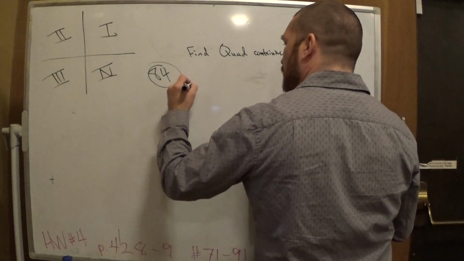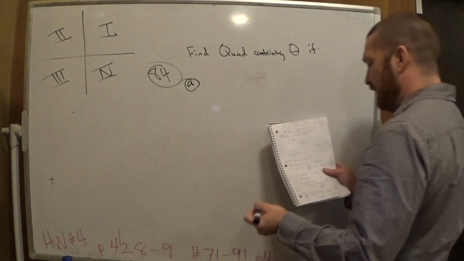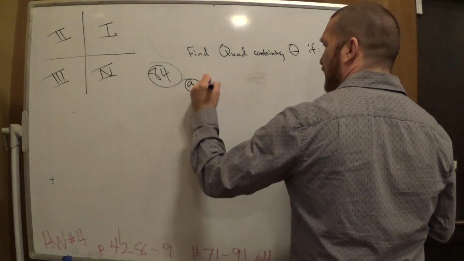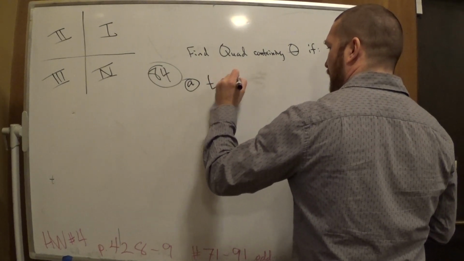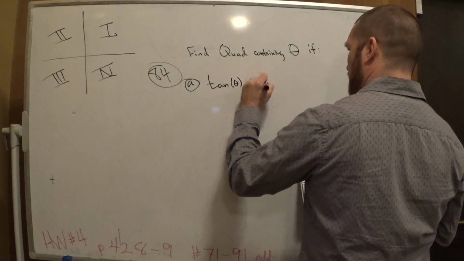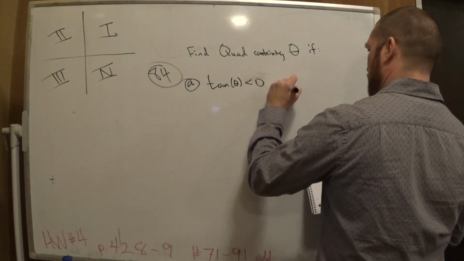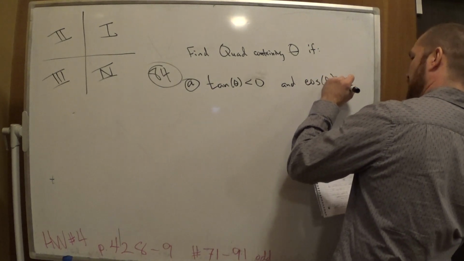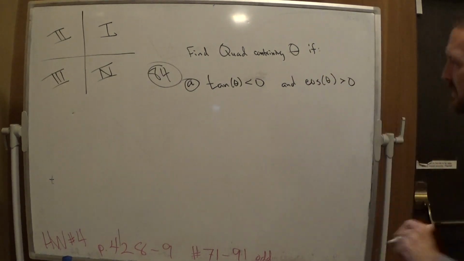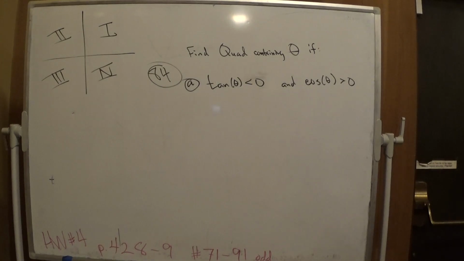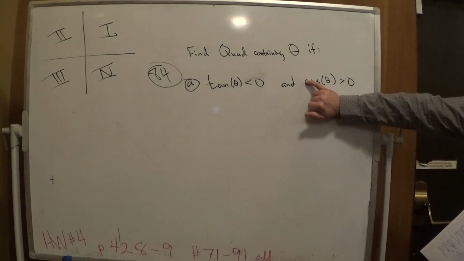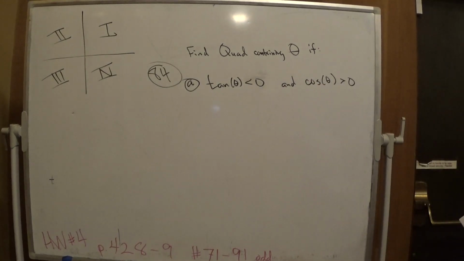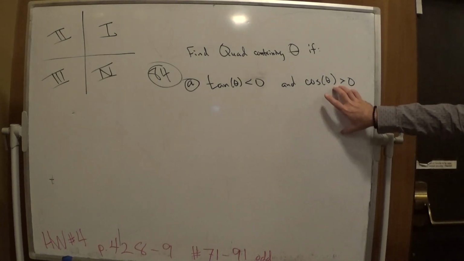I'm going to do 2 from 84. 84a says if tan theta is negative and cosine theta is positive. One of these is easier to deal with than the other. I think it's easier to tell where, so first off, where is cosine positive?